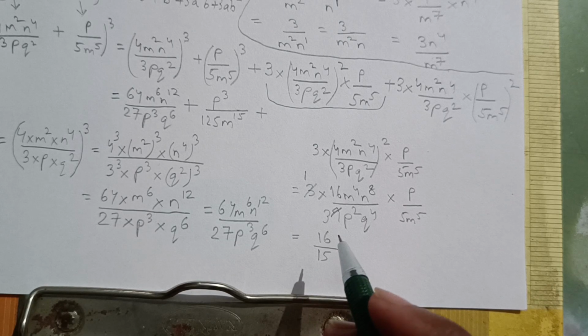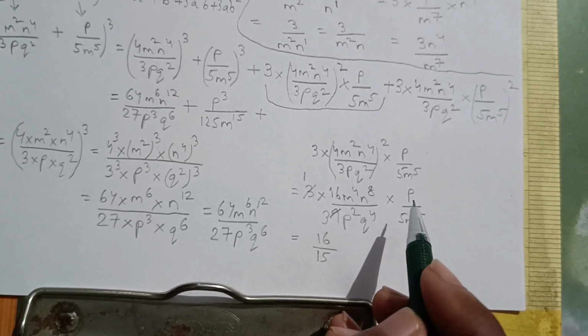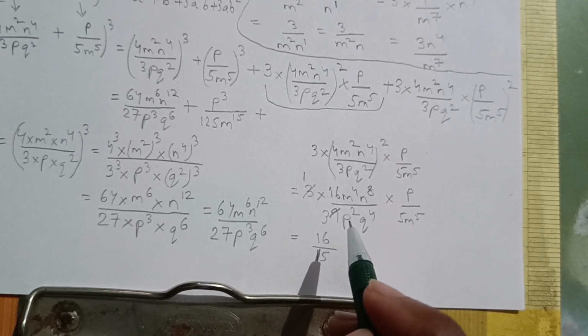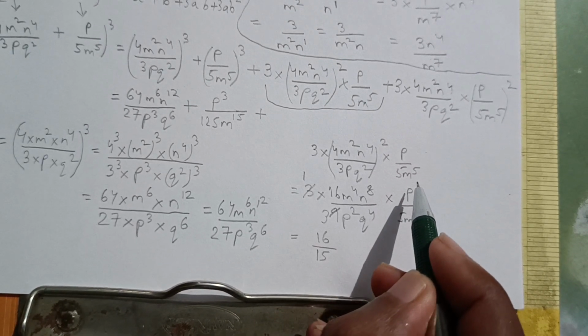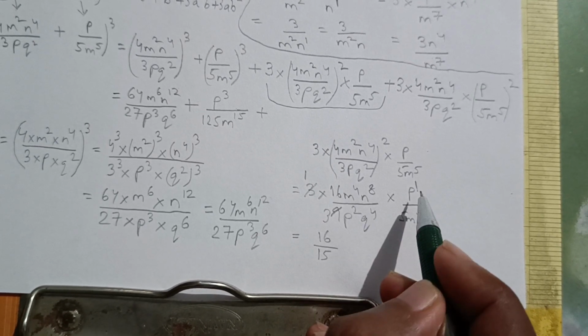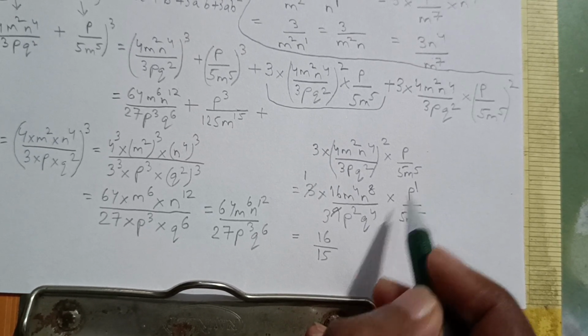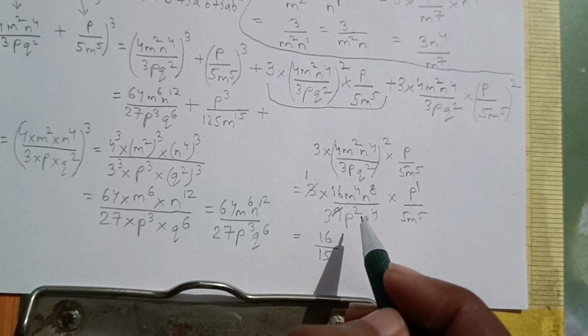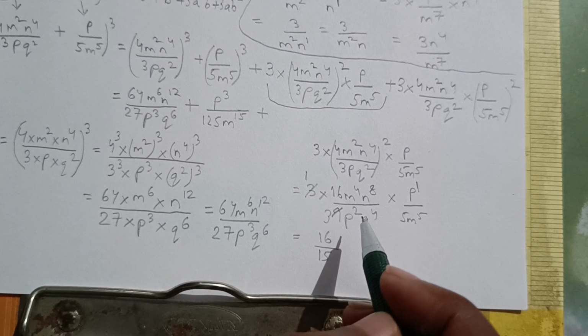Now p and p square. The power of p is 1. So p and p square, if you do, you will get p to the power 1 upon p to the power 2 is p to the power 1 minus 2. 1 minus 2 is minus 1.